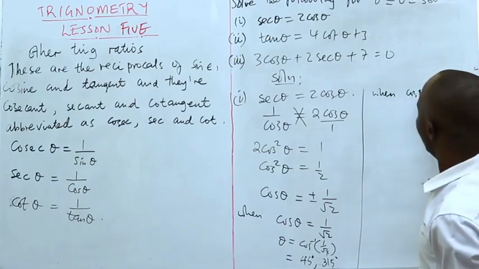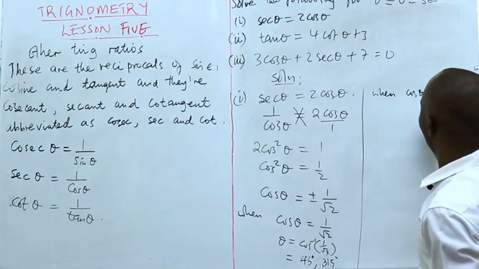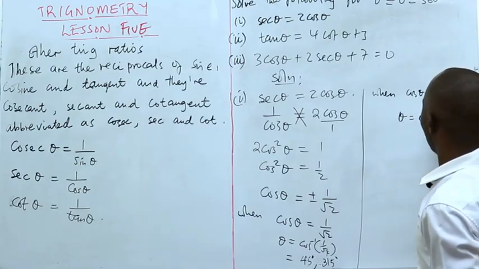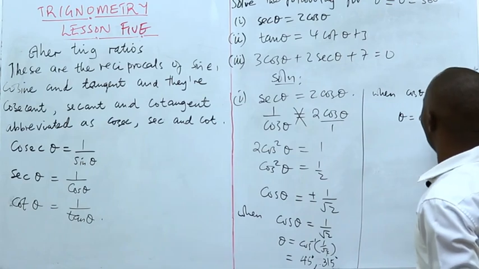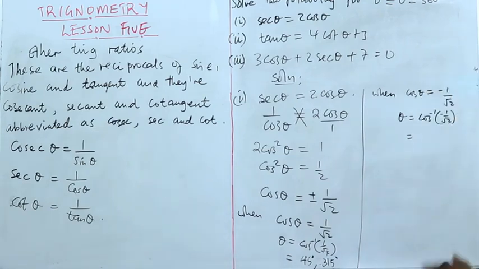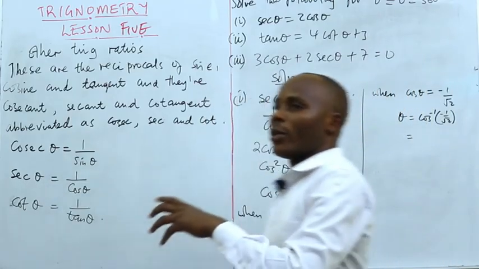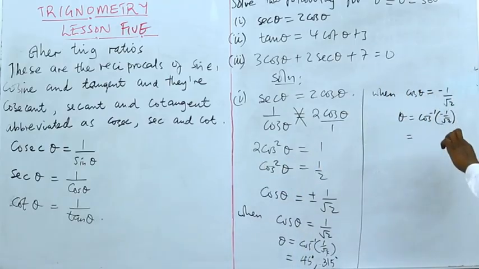Then, when cos of theta is equal to -1 over root 2, we have theta is equal to the cos arc of -1 over root 2. So, now this is a negative. I've talked about it several times. If you're having a negative, treat it as a positive. So if you are to treat it as a positive, you'll get a 45.